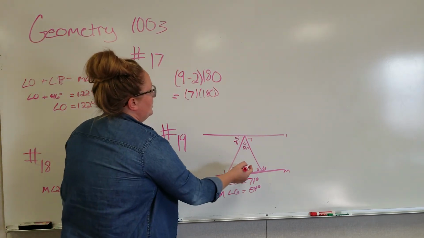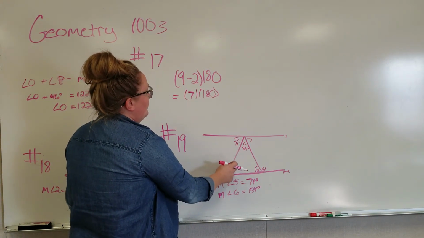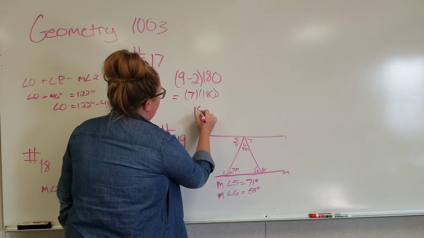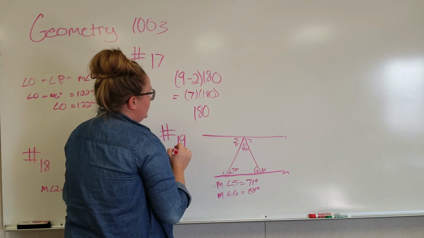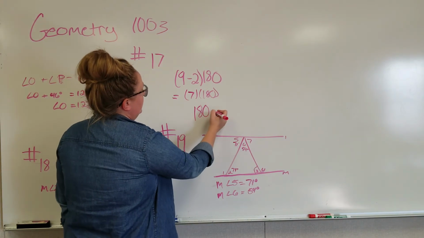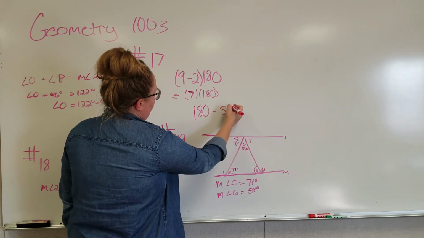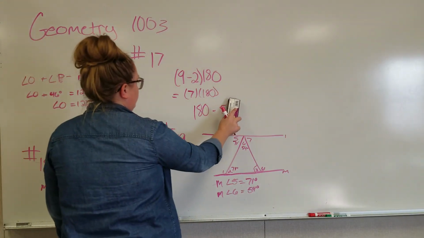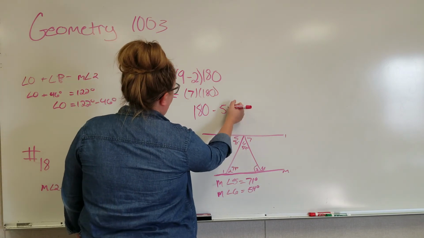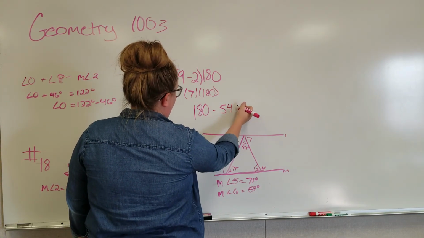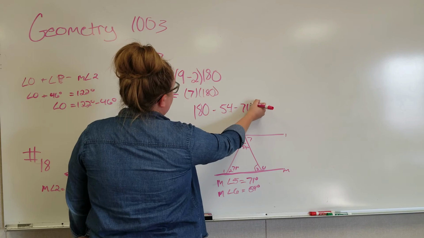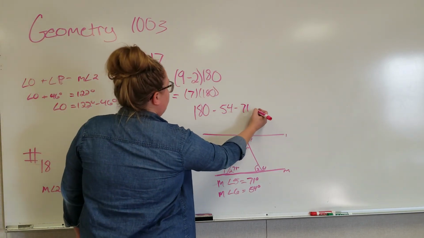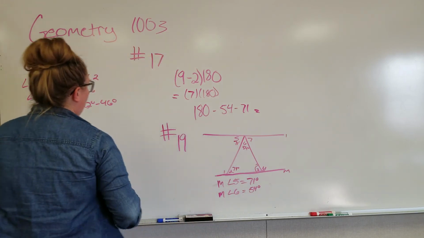Now, they want the measure of angle 3, which is your last angle of a triangle. And we all know a triangle equals 180 degrees. So if you'll take 180 degrees minus 54, which is the measure of angle 6, and minus 71, which is the measure of angle 2, you will get your answer for the measure of angle 3.